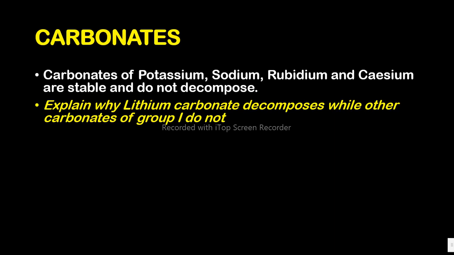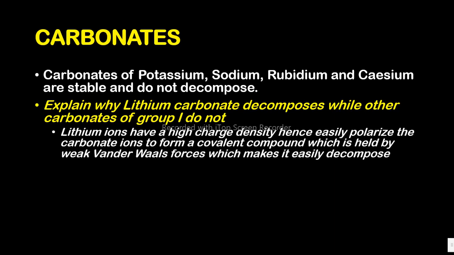The carbonate is purely ionic, and so an ionic bond is strong compared to a covalent bond, so it does not easily decompose. But for lithium carbonate, it will easily decompose. So lithium ion has a high charge density, as we've been discussing. Hence it easily polarizes the carbonate to form a covalent bond which is held by weak van der Waals forces of attraction, making it easily decompose.